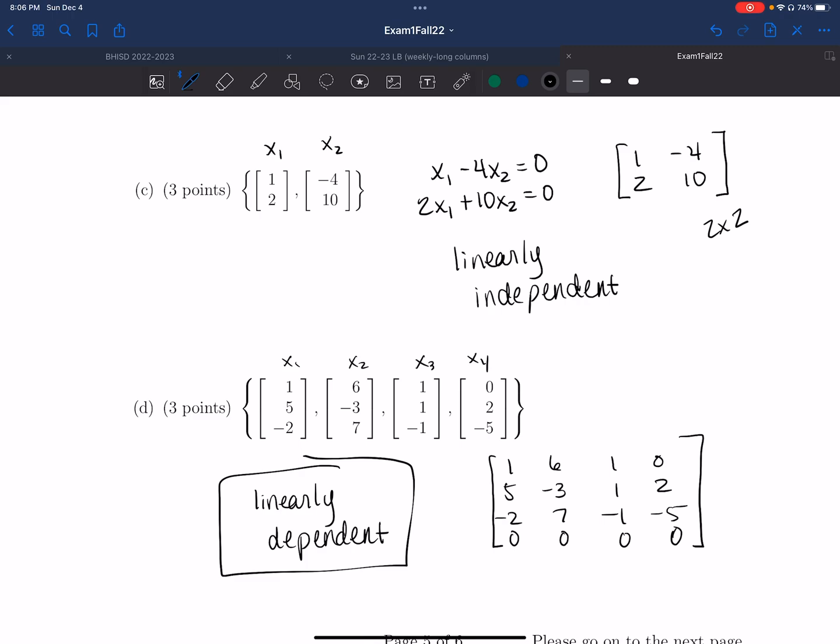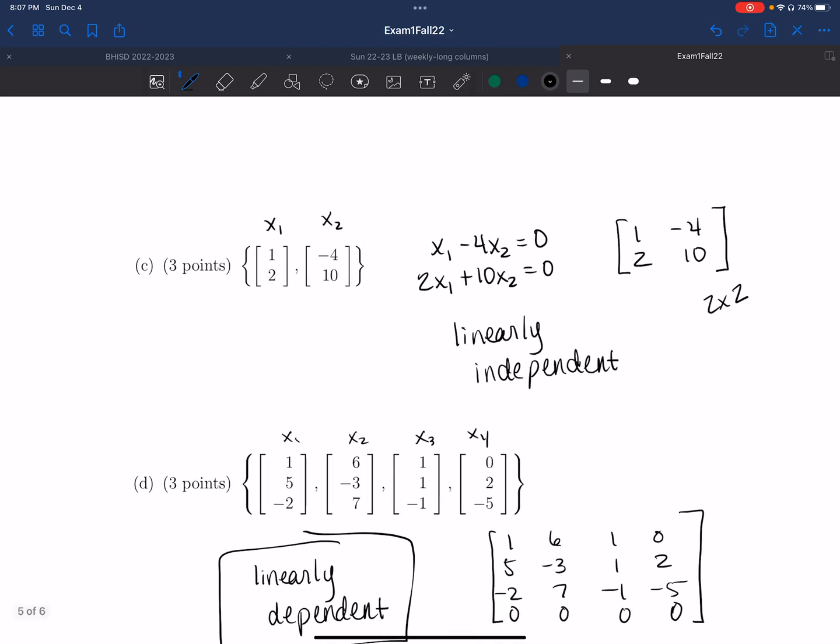If I can turn it into somebody else, if I can make it look like another row, then it's dependent. If I can't ever make it look exactly like the other row, such as in C, I can't turn 1, negative 4 into 2, 10. There's no way I can do it.